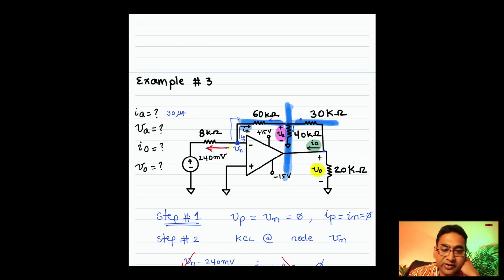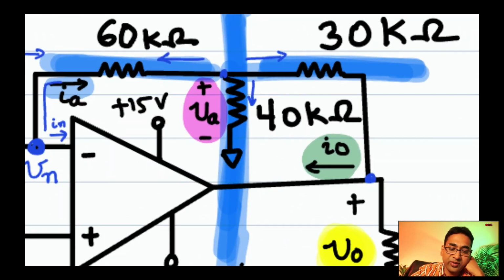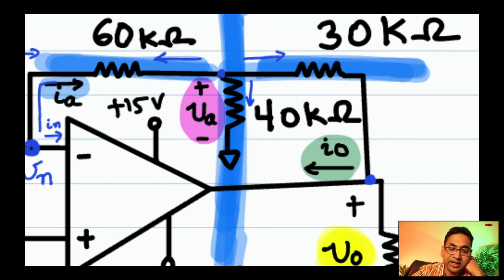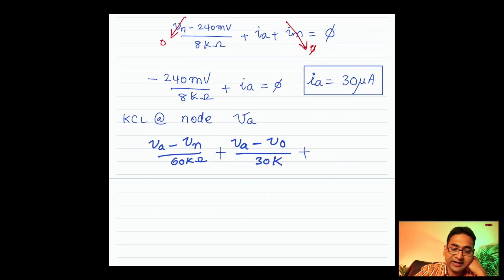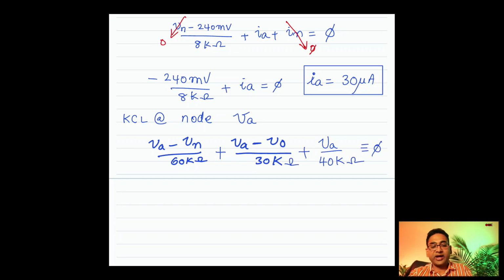The current going down is simply VA by 40 kilo ohms. Let me plug that in there. So VA over 40 kilo ohms, all of that should equal 0. So we know the value of Vn, this is 0.